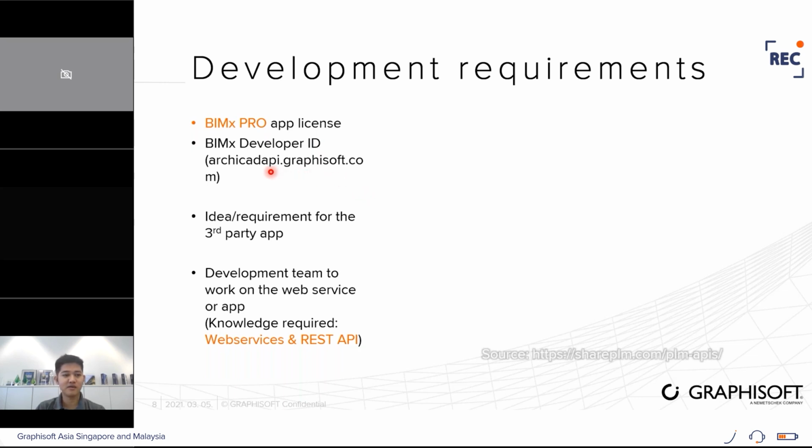You can get it from the website that Marcelo showed earlier, archicadapi.graphisoft.com. You also need the idea of what you want to develop, what you want to customize or improve, and of course the development team to do the work for you. The knowledge requirement for those who want to hire a third-party developer would be web services and REST API.